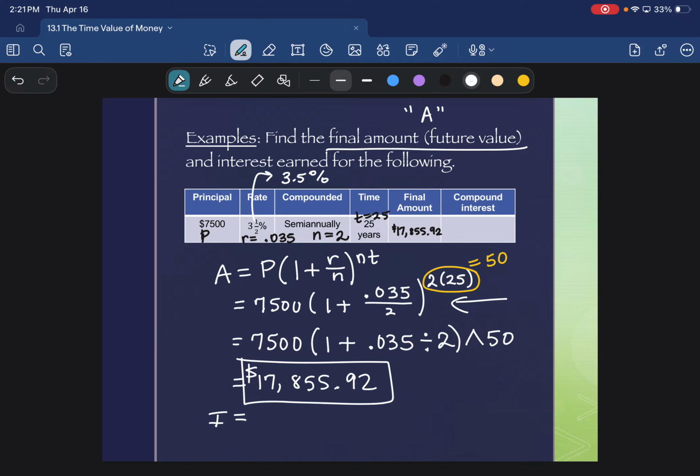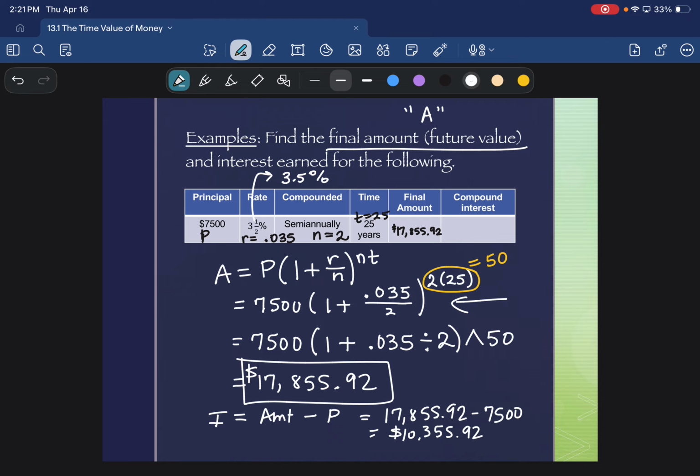There you go. Okay, you subtract, right? You take your final amount and you subtract off the amount that you invested, the principal. So our final amount was $17,855.92. We subtract off the $7,500 we started with, and we end up with 10,355.92.